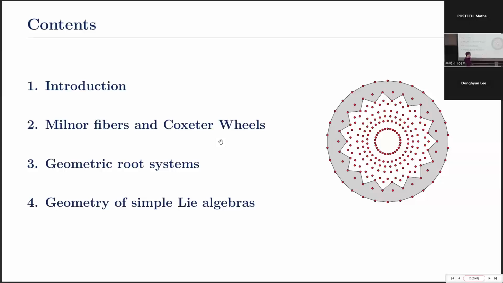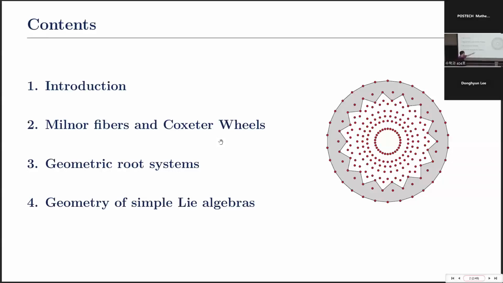So it's a very geometric object, but we'll use intersection numbers and some monodromy maps and so on to define a pairing, and this will become isomorphic to the classical root system in Lie theory. Finally, in number 4, we are going to give a geometric definition of simple Lie algebras.